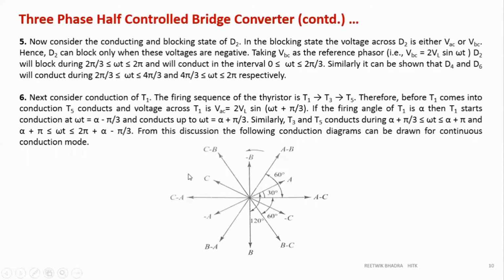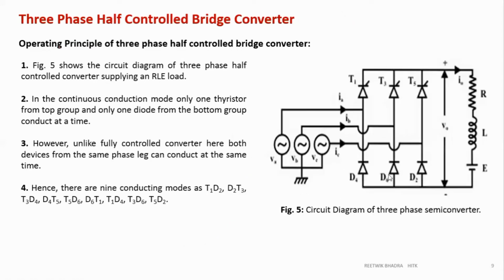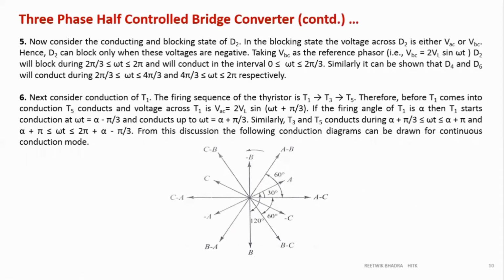Now if you take the diodes, we can't give any diode a firing angle. Whenever my diode has a positive voltage, it will be on. Whenever my diode has a negative voltage, it will be off. So we don't have to give any firing pulses, and there will be no inclusion of alpha over there.